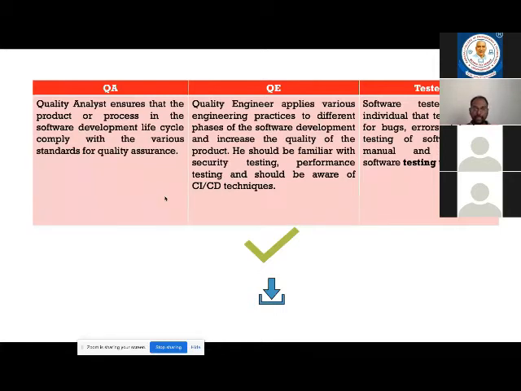He doesn't worry just about that, but he also introduces engineering practices that he has learned so far in different phases of software development, and applies them at each and every step. He should also be aware of the new techniques available for security and performance, and of continuous deployment and delivery, because these are coming into play because of the agile development and the frequent, faster deployments that we saw earlier.